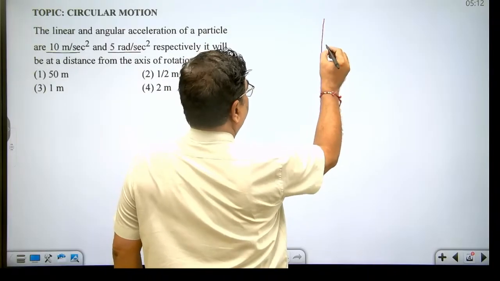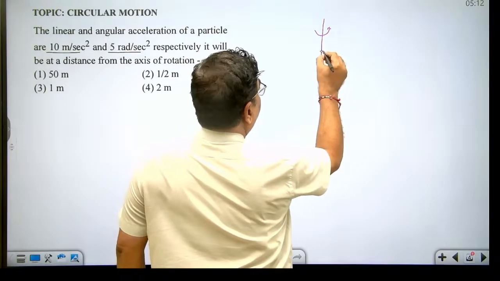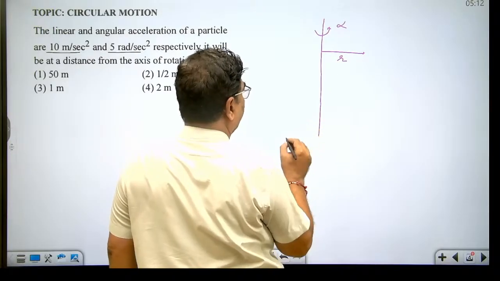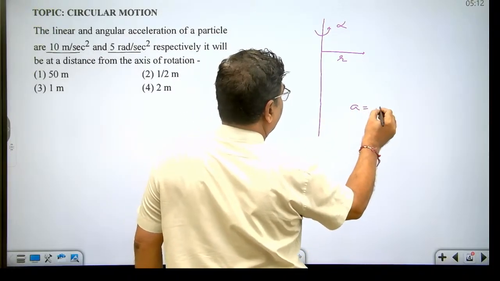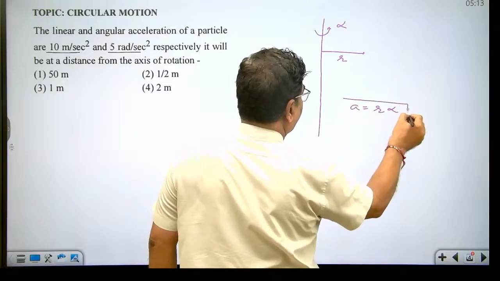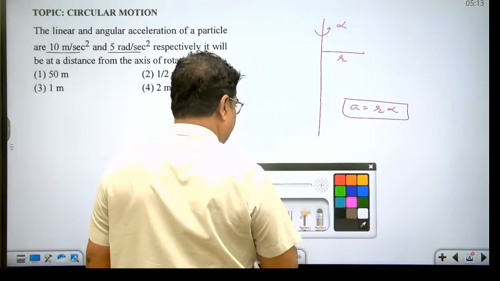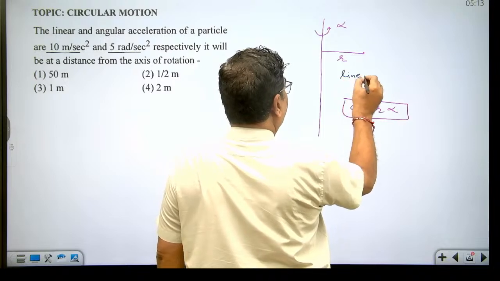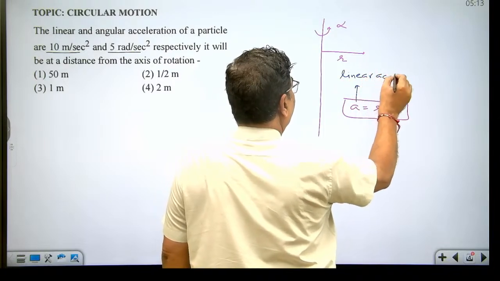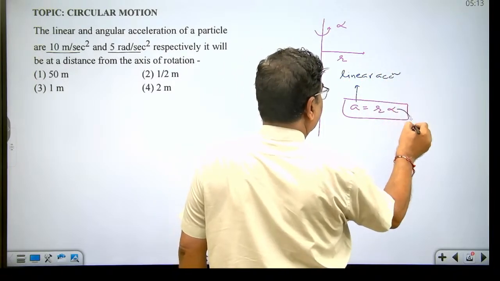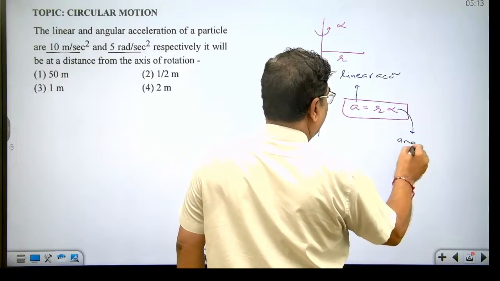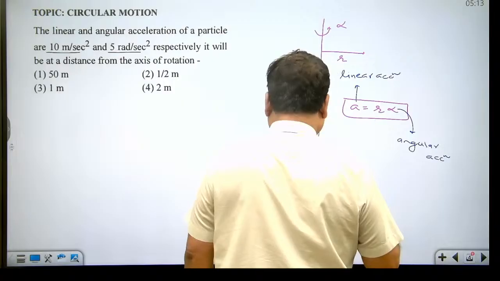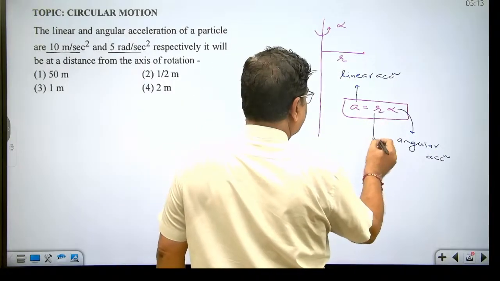When any body rotates, the relation between linear and angular acceleration is a equal to R alpha, where a is linear acceleration, alpha is angular acceleration, and R is the distance from the axis.